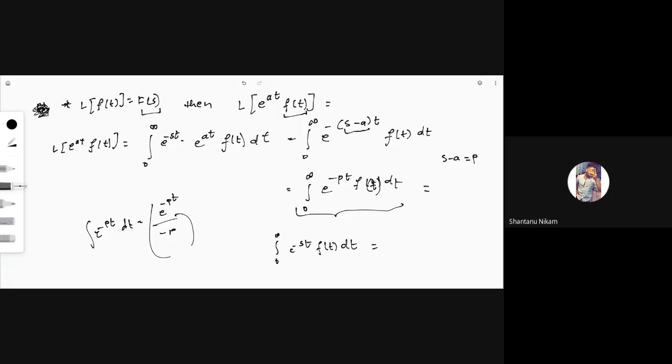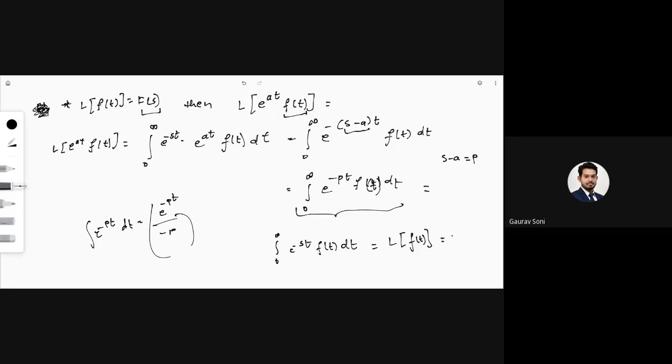Laplace of f of t, so in that the integration is Laplace of f of t, right?